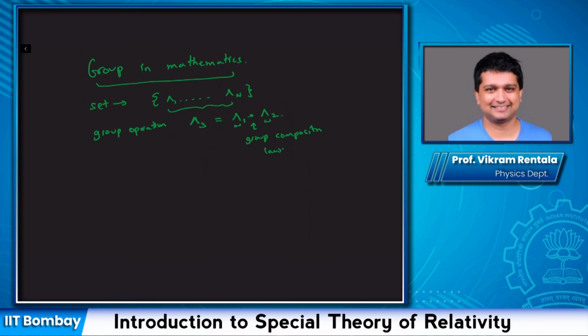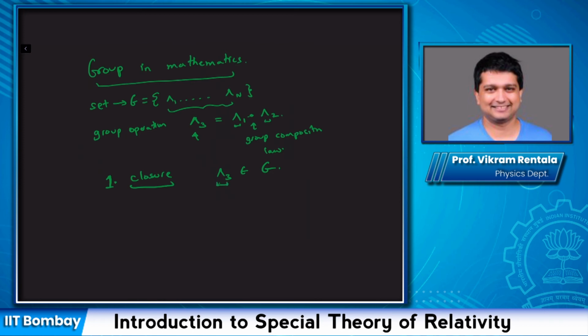Now, if you get back another element of this set, then you satisfy the axiom of closure. So that is, under the group operation, lambda 3 also belongs to the group. So this set, let's call it G, is the set, and lambda 3 belongs to the set.